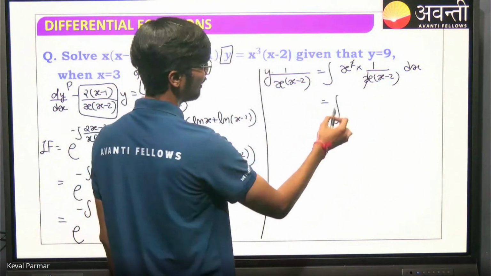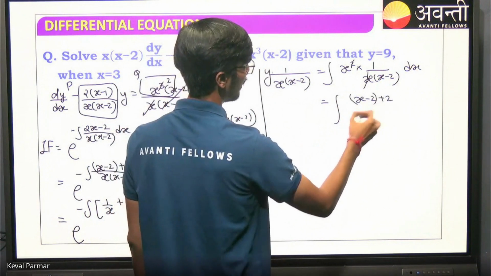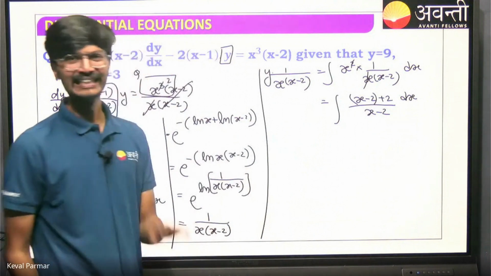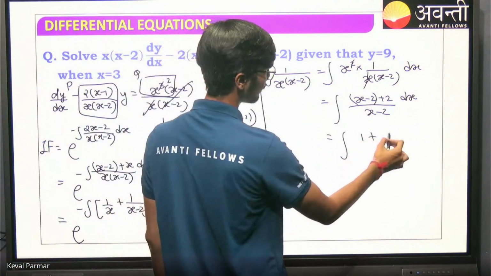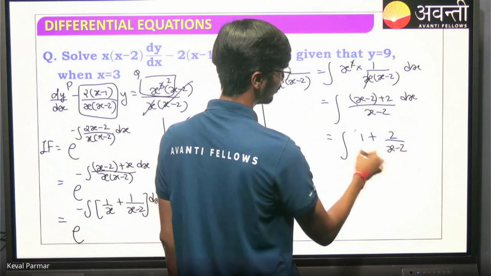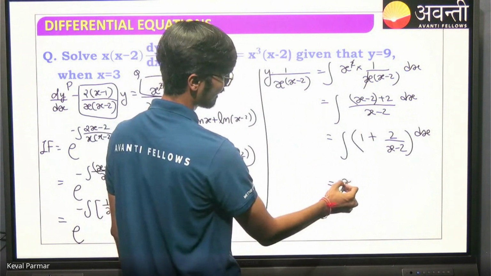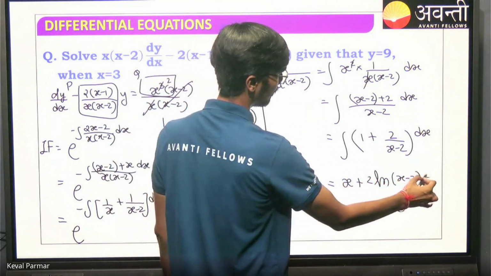So I'll be left with x upon x minus 2 dx. So I'll do x minus 2 plus 2 upon x minus 2 dx. Correct? And then again we'll split. So I'll get integration of 1 plus 2 upon x minus 2 dx. So I'll get x plus 2 ln x minus 2 plus c.